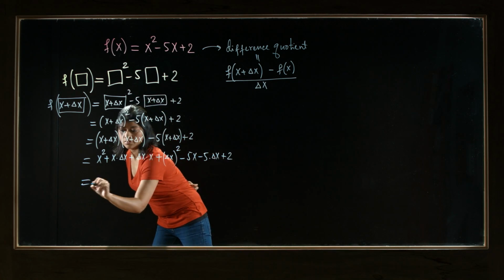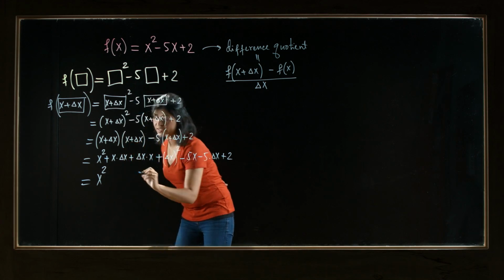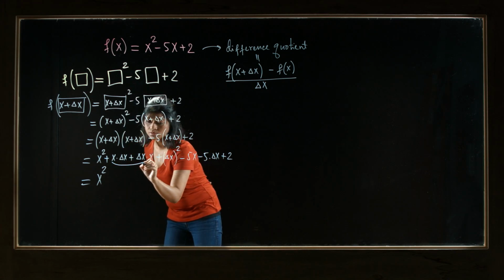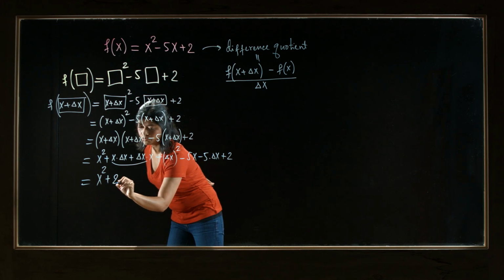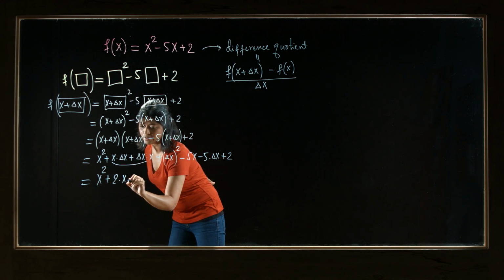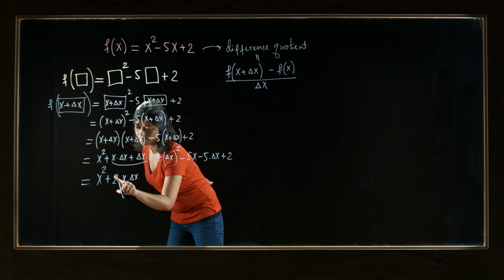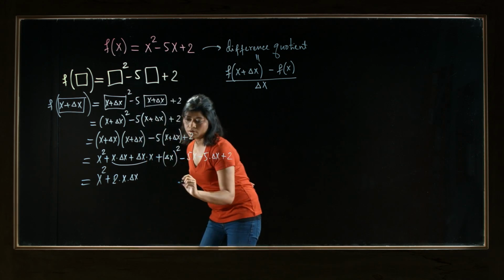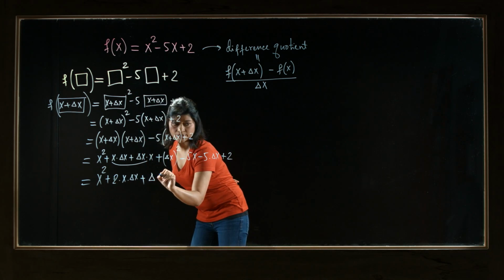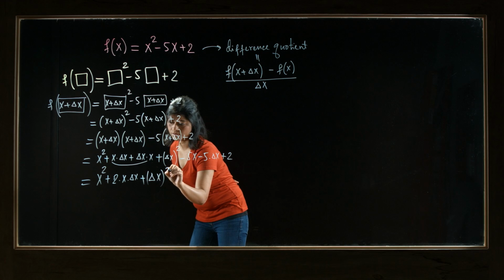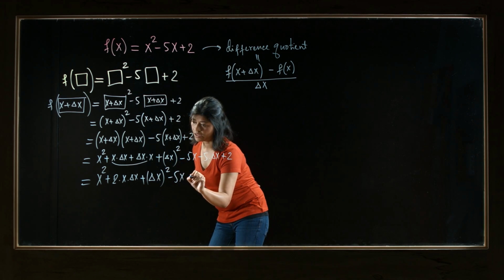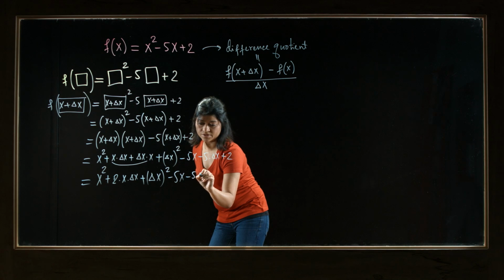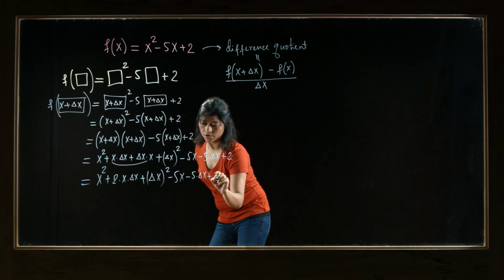Okay, so we have x squared. Notice that these two are the same thing, so you add them and you get 2 times x times delta x. And you have delta x squared, a negative 5x, a negative 5 delta x, and plus 2.